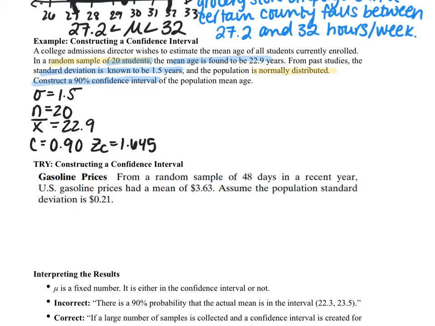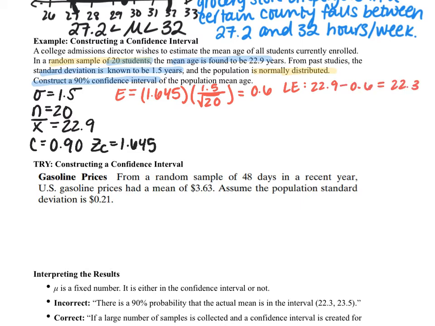So before we can actually construct anything, we have to calculate our E. So we have E is equal to our critical value multiplied by our standard deviation over the square root of the sample size. And we get about 0.6. So that means our left endpoint is going to be our mean, which is 22.9 minus 0.6, which is 22.3.